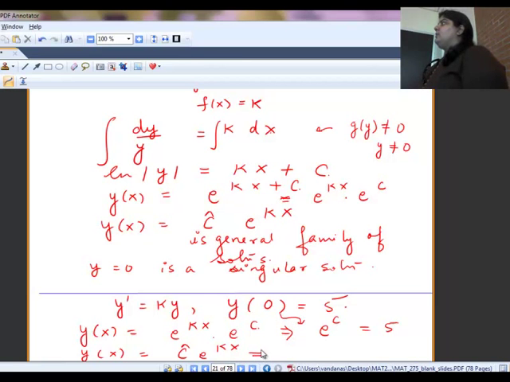And here it will imply that c hat is equal to 5.